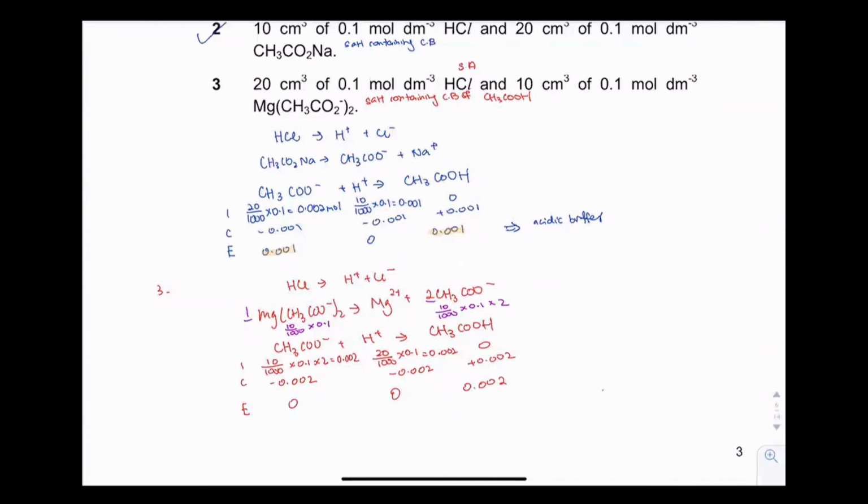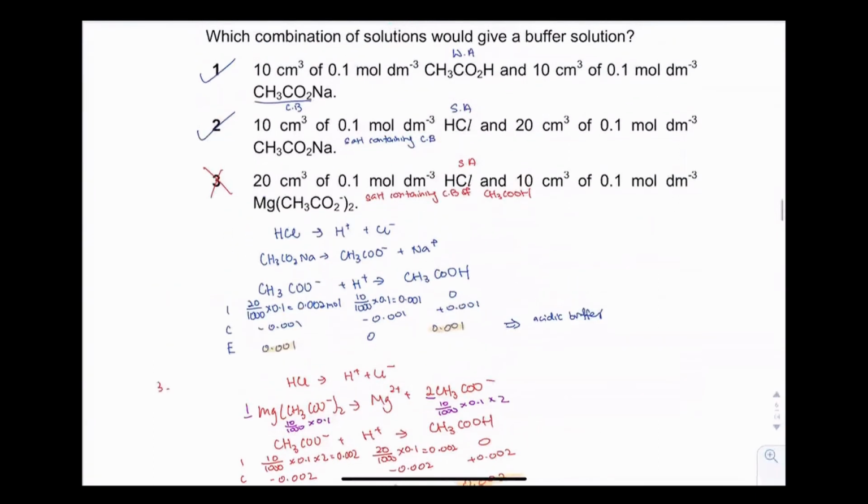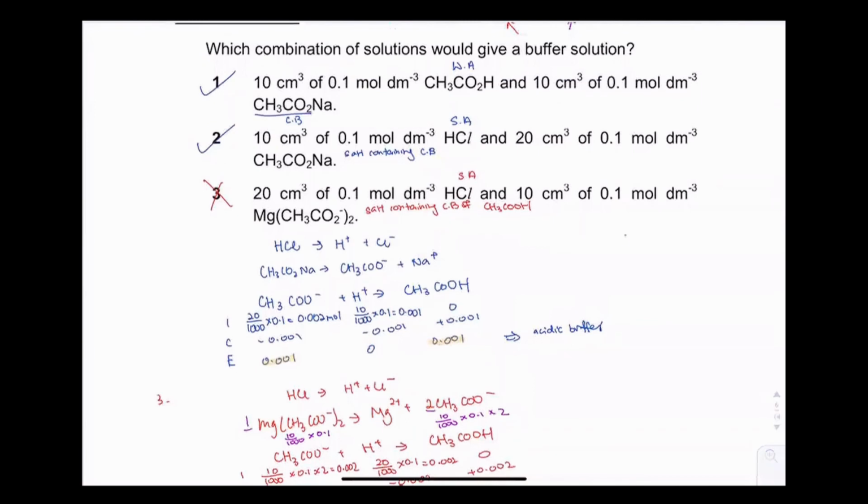So over here at equilibrium, you have your weak acid. However, you do not have your salt containing the conjugate base. Therefore, this is not a buffer. So the answer is just 1 and 2.